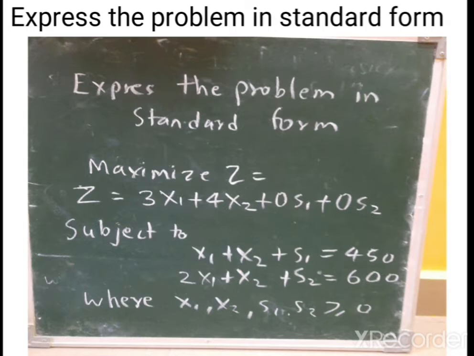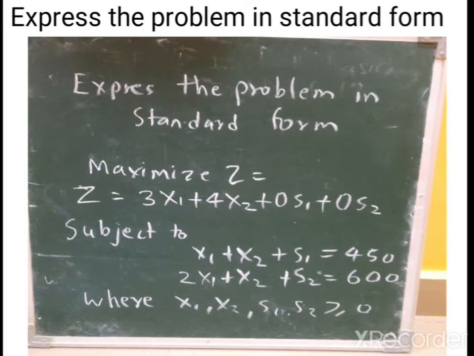But if s1 and s2 have some values, then x1 plus x2 plus s1, instead of less than or equal to, you will get equal to 450. And 2x1 plus x2 plus s2, instead of less than or equal to, you will get equal to 600.